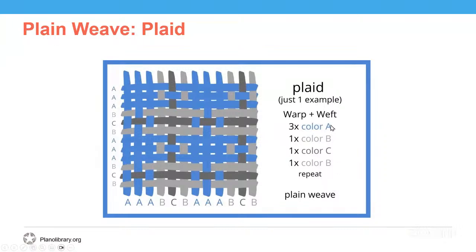You kind of want to have something that goes in even numbers. So this total set has six strands, and the warp and weft would repeat this pattern as well.